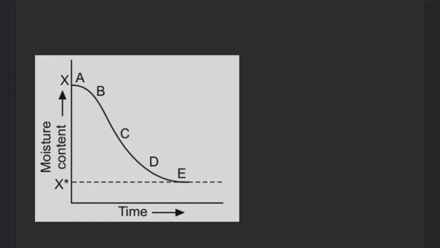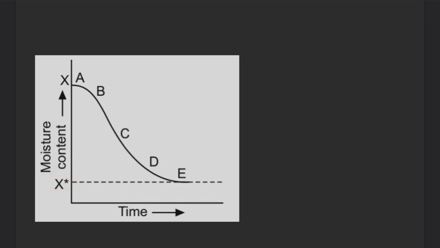You can see from this graph that it's a curve, not a straight line. At this point E, the curve becomes kind of straight. This is known as the equilibrium moisture content, and beyond this point we cannot remove moisture content from any wet solid, because this is the maximum moisture content that can be removed.